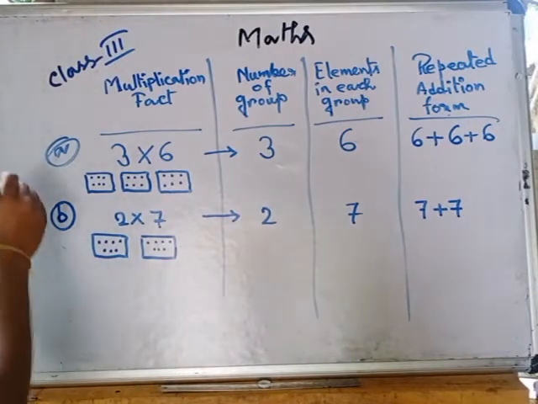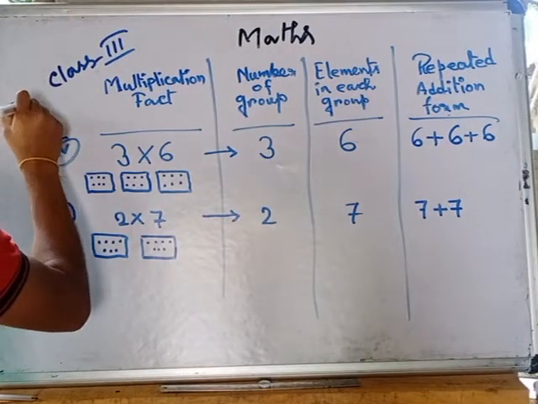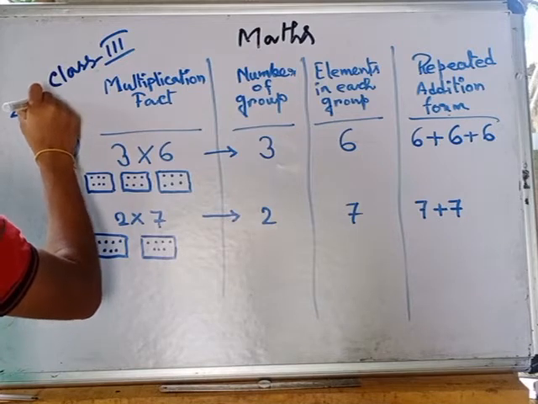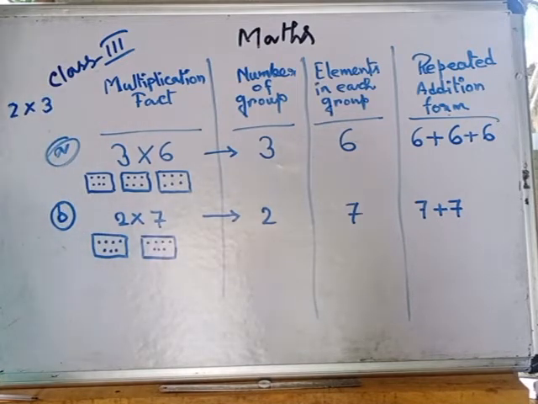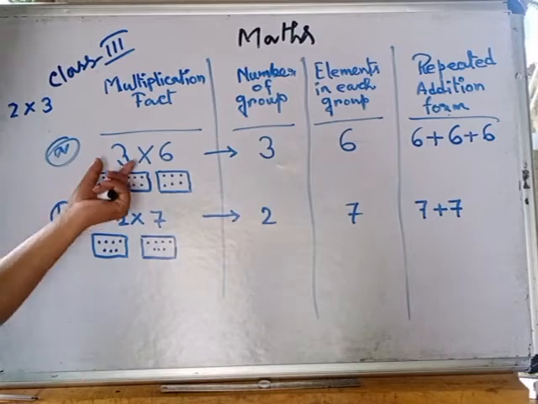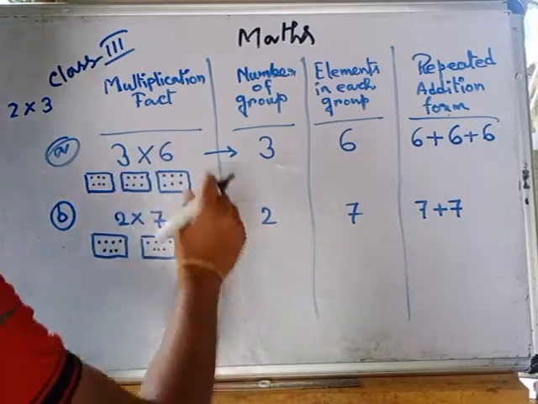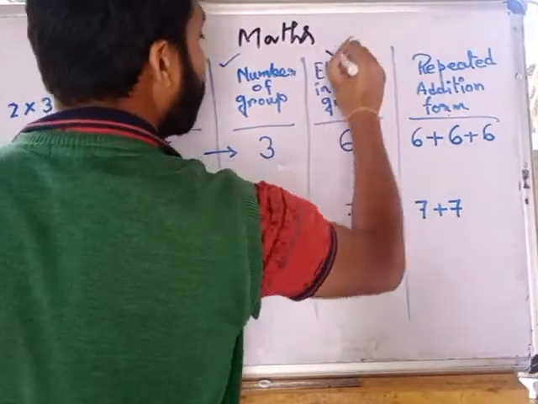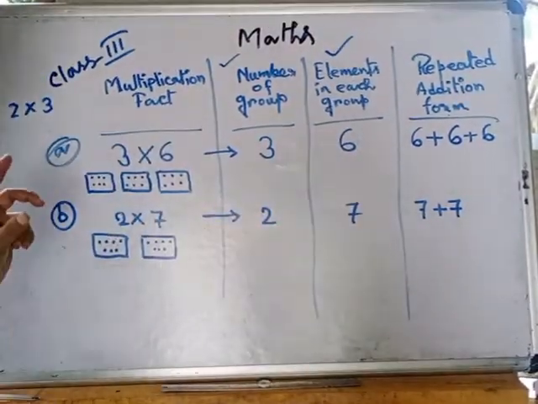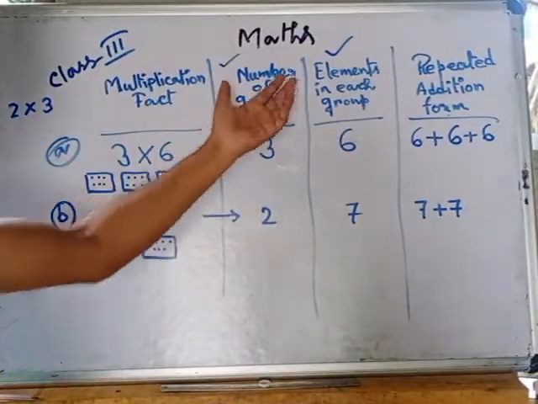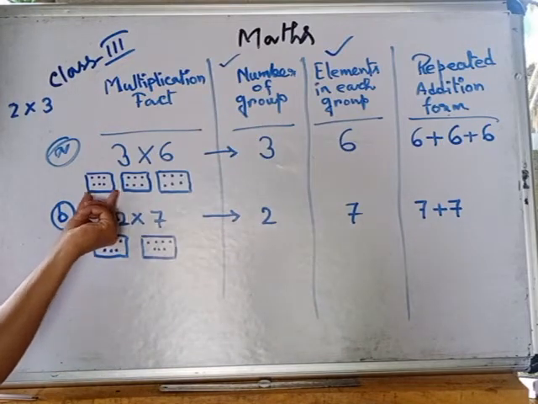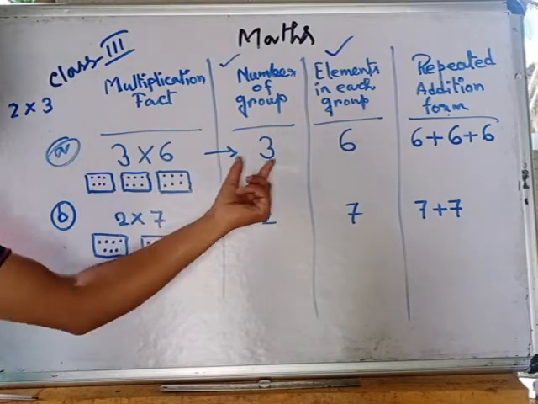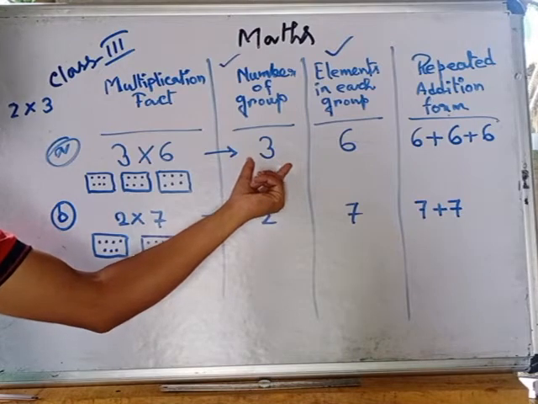Repeated addition form. Suppose it is 3 multiplied with 6. There are two forms: number of group and elements in each group. At first, number of group. How many groups are there? 1, 2, 3 groups are there. So we should write here the number of group 3.